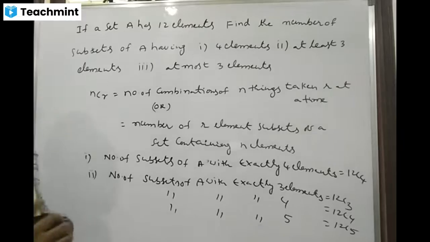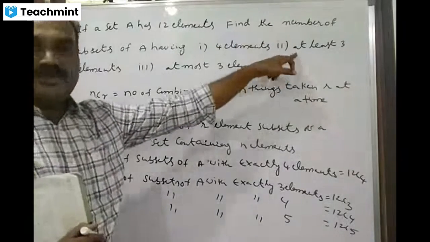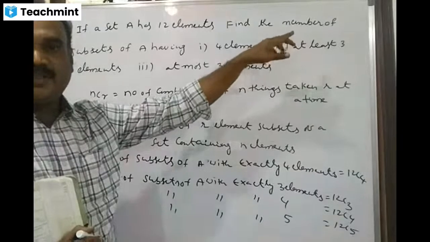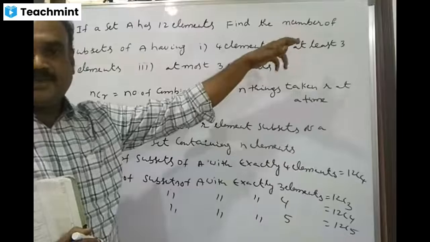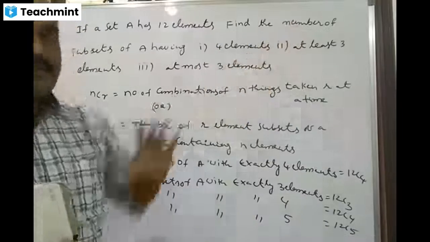Friends, at least 3 means minimum 3: 3 element subsets, 4, 5, 6, 7, 8, 9, 10, 11, up to the last, 12 element subsets.